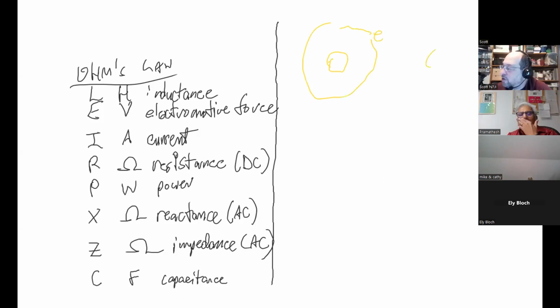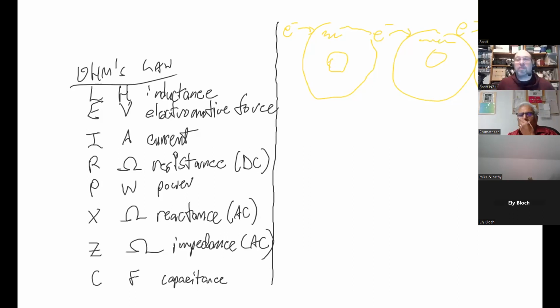And we're going to have another copper atom here with an electron and another one. And copper is such that as an electron floats into the area, it will temporarily join this copper atom, and this electron kind of pops out and joins this copper atom, which causes this one to pop out and join this copper atom.